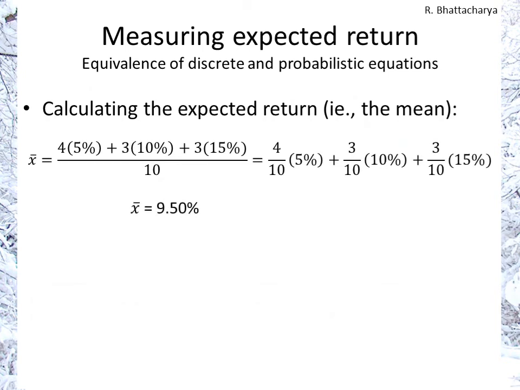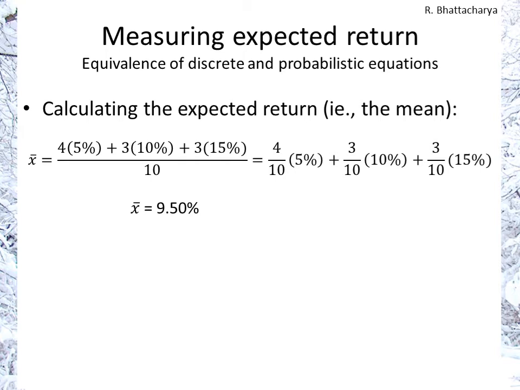So calculating the mean, we would have 4 observations of 5%, 3 observations of 10%, and 3 observations of 15%. Dividing by 10 observations, we would end up just rearranging that equation, and you can see by taking the fractions 4/10, 3/10, and 3/10 times the values of those observations, 5, 10, and 15%. Calculating that out, we would come up with a mean of 9.5%.